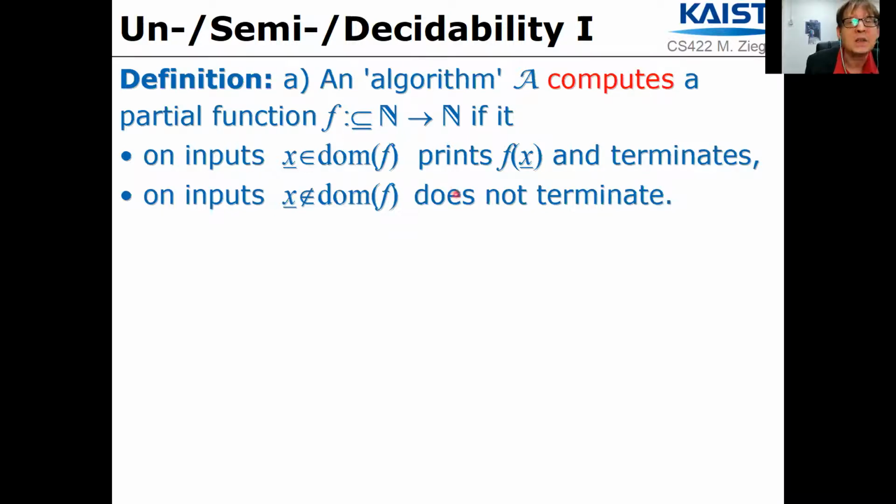In this case, our definition requires that the algorithm must not terminate. So that's a subtle point. In particular, we don't require the algorithm to say, hey, this argument does not belong to the domain of the function, there's an error. That's not what we require. What we do require is that the computation must not terminate.